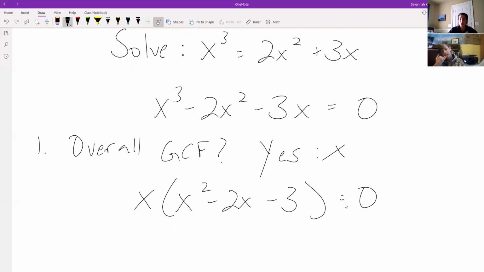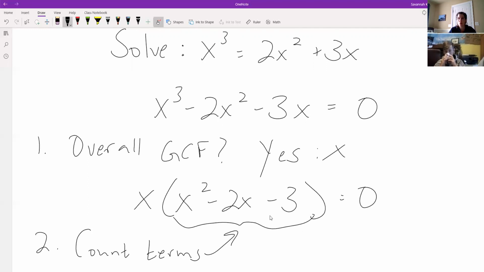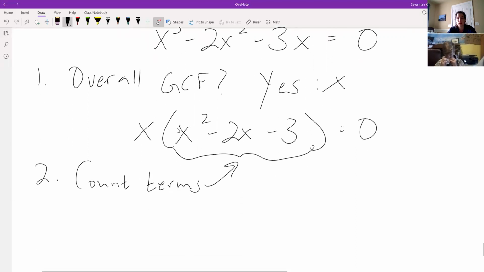And this gives me now, as we've learned, you still have to count the terms on what's left. So you have that X sitting out front. You're going to count the terms on the polynomial that remains behind. And there's 3 terms. This is one of those cases where you have kind of a nice, shorter process ahead of you. The fact that there's a 1 in front of your X squared means that you don't have to, if you don't want to, go the full distance of multiplying 1 times -3.